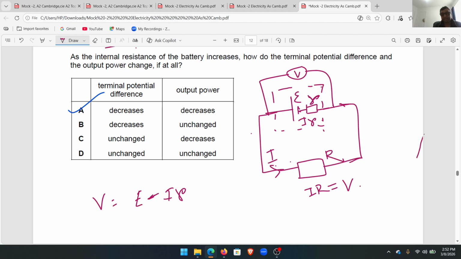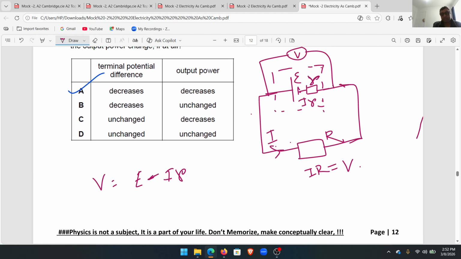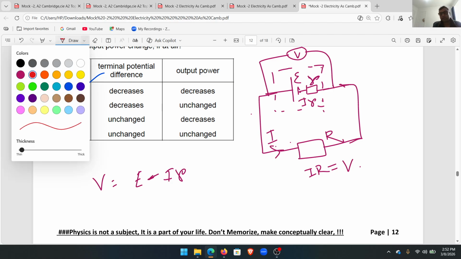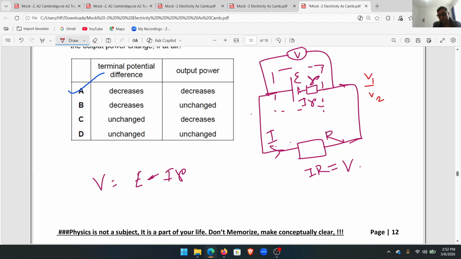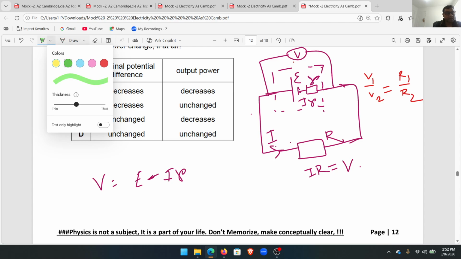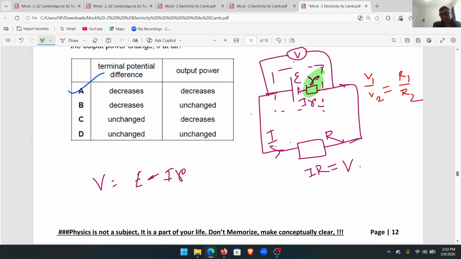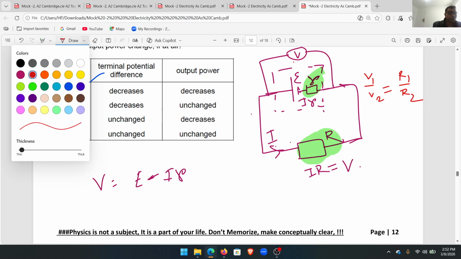When internal resistance increases, what happens actually? Internal resistance increases. That means a larger fraction of voltage, according to the ratio of resistance, potential divided: V1 by V2 is equal to R1 by R2. This main EMF is divided into two parts. One part goes to the internal resistance, another part goes to the external resistor. So if internal resistance becomes more, a larger fraction of the voltage is dropped inside.